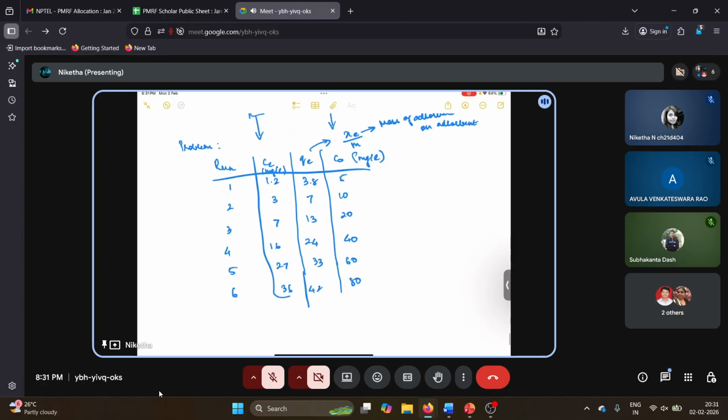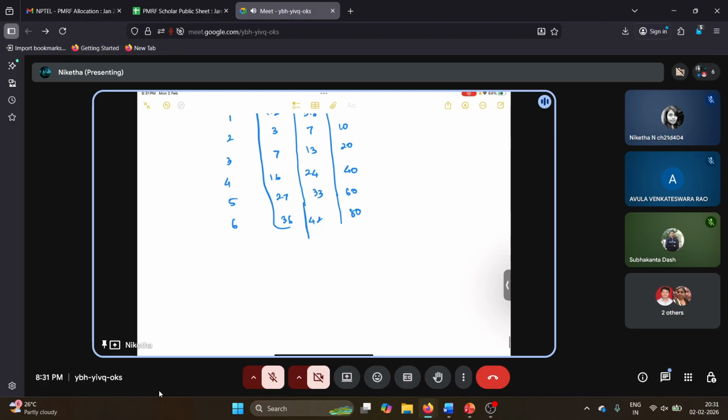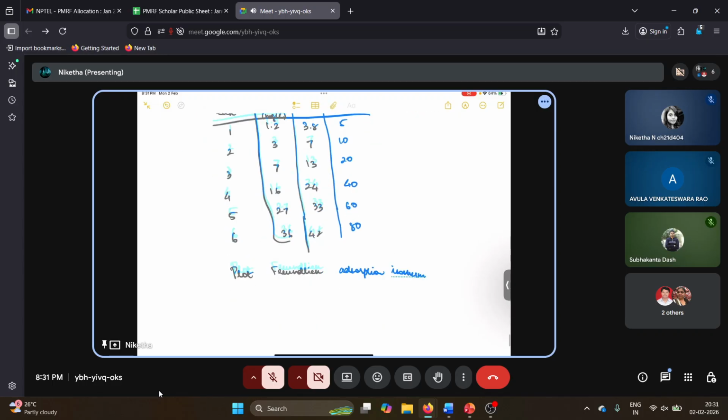Now you have to plot the Freundlich adsorption isotherm using this data.